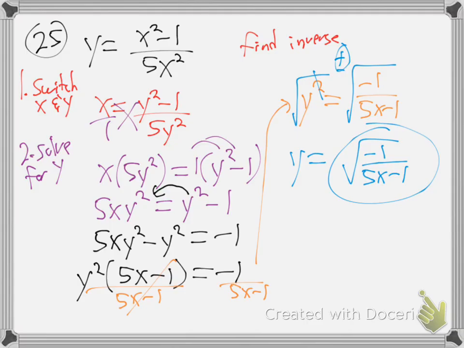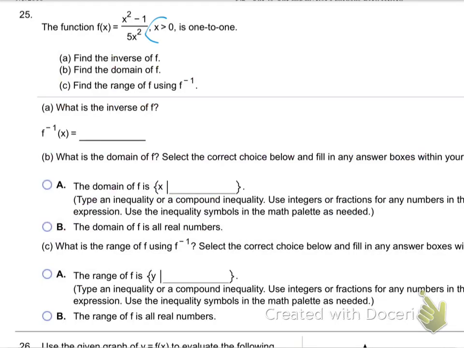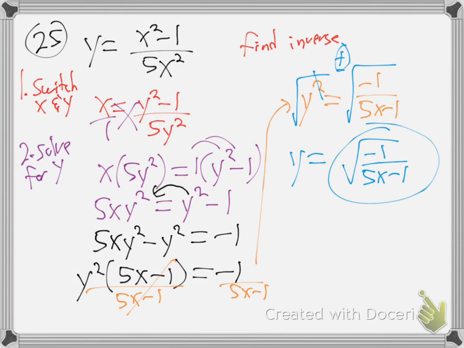Yeah, technically. If you look back at the question, see what they said right here? X is greater than 0. It's got to be positive. This is not technically an invertible function, so they're limiting it. I just don't have time to explain the whole thing. Let me keep it simple. If in the original function they said x is greater than 0, then whatever you say about x in the original applies to y in the inverse.